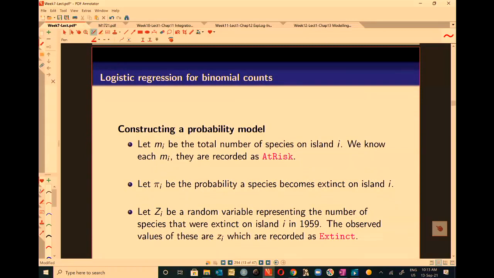What we're going to do here is, as we said, mi is the total number of species on the island which is at risk, and pi is the probability of a species becoming extinct on the island, and Zi is a random variable representing the number of species that were extinct on the island in 1959.